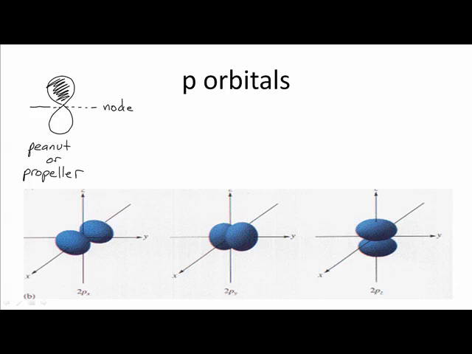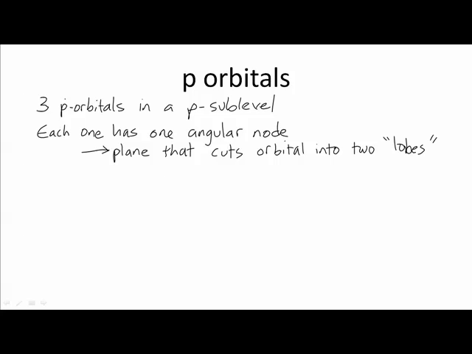The other thing to know about p orbitals is p sublevels start at energy level 2. So there's no p sublevel on energy level 1.